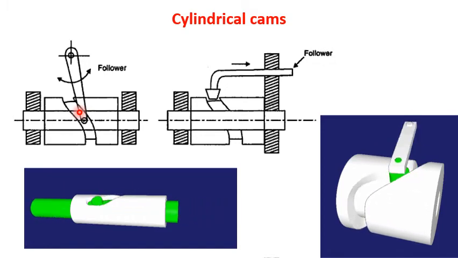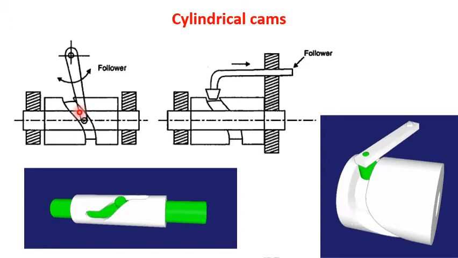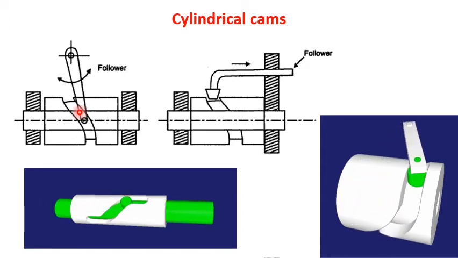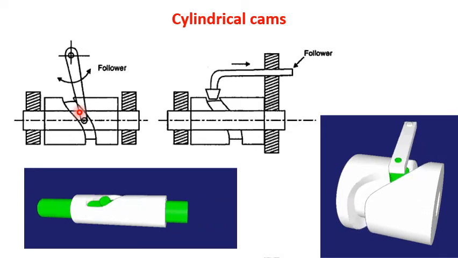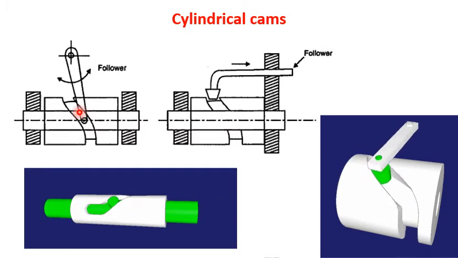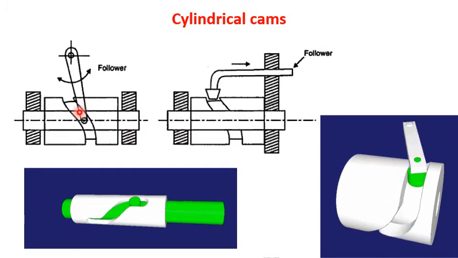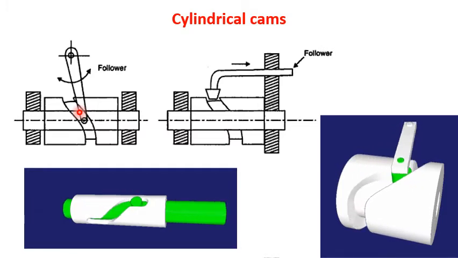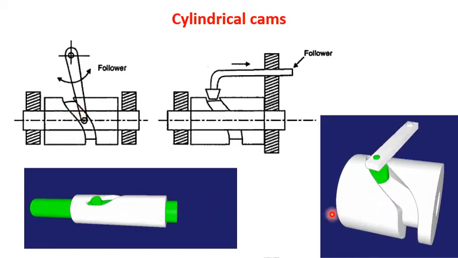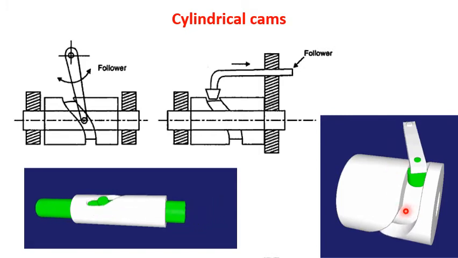And in this type of cams, a cylinder has circumferential contours cut into a surface of rotation. The follower may reciprocate or oscillate in a plane parallel to the axis of the cam. Generally, cylindrical roller followers are used. In the video, you can see.